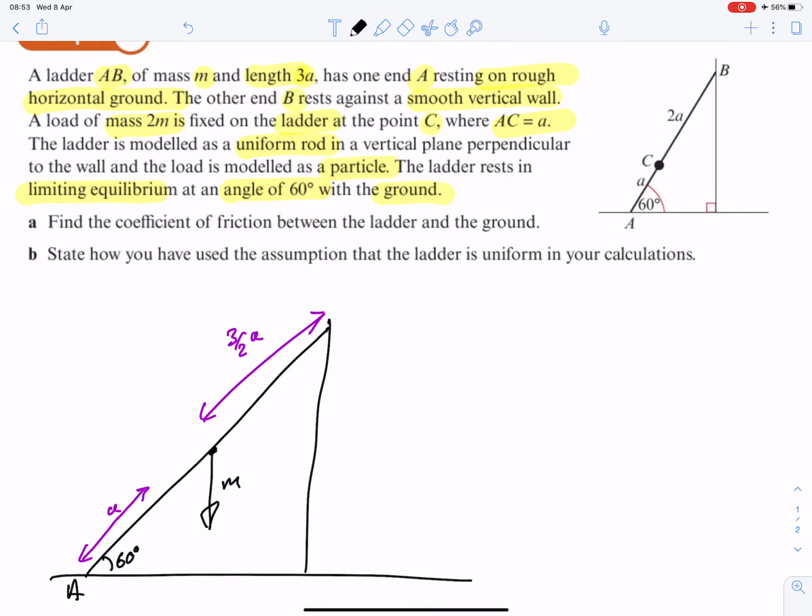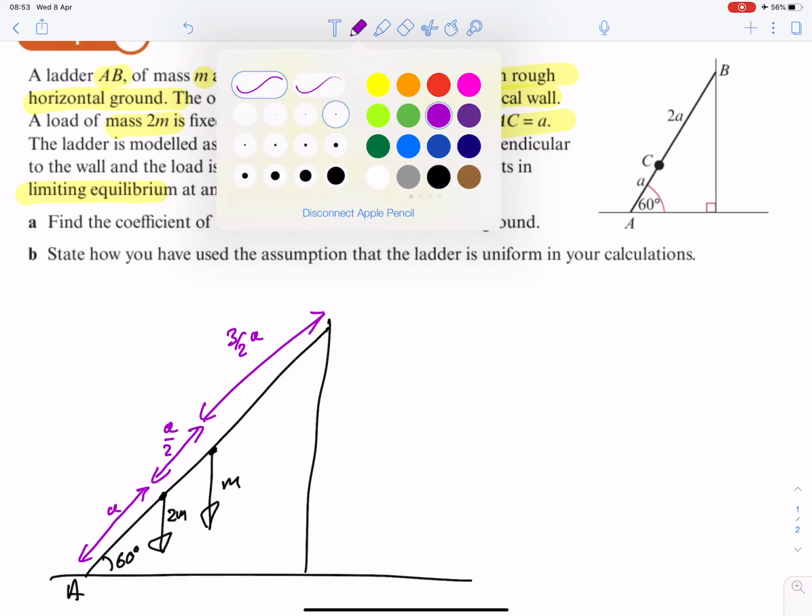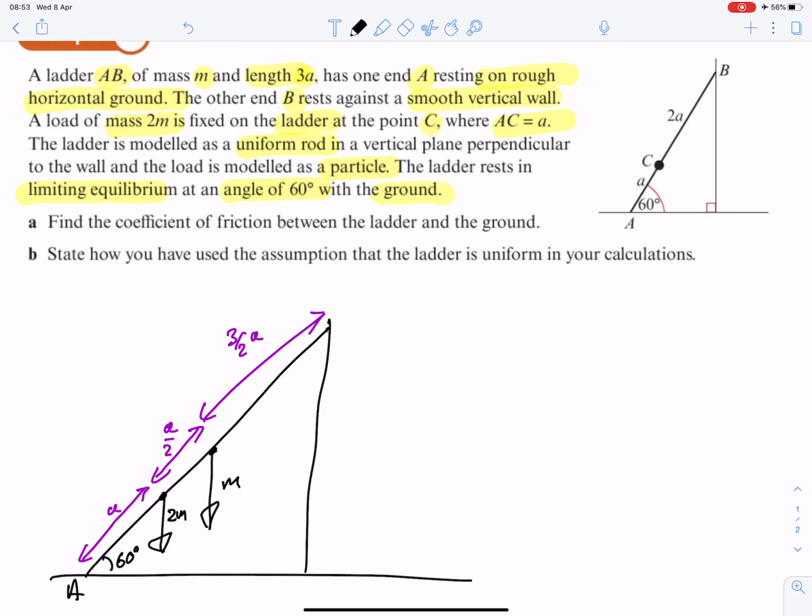We're also told we've got a particle at the point C where AC is just A. So this is point A down here, and we've got another mass here of 2M acting downwards, and the gap here is going to be A over 2.